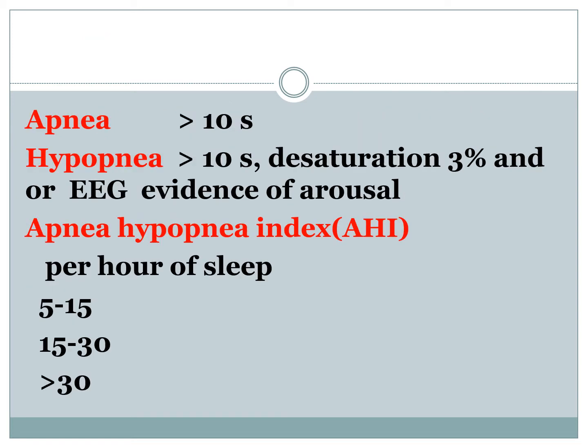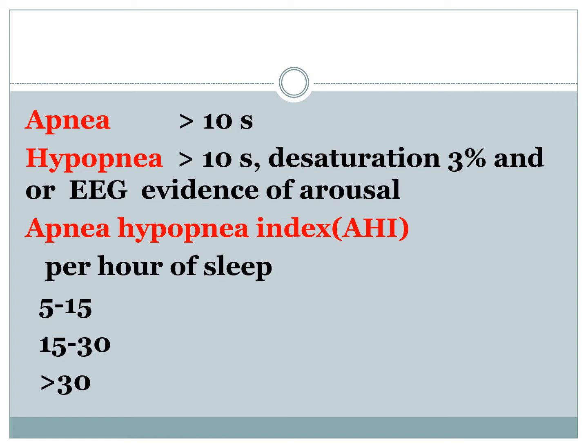Apnea is defined as the cessation of airflow for more than 10 seconds, while hypopnea is the reduction of airflow for more than 10 seconds associated with the saturation of 3% or more and/or EEG evidence of arousal.